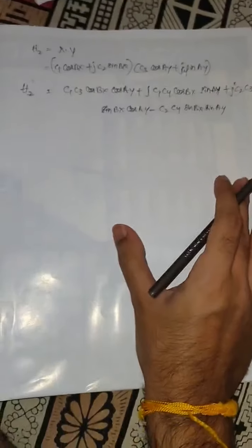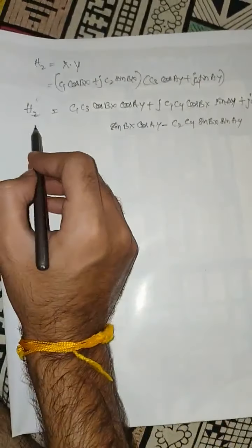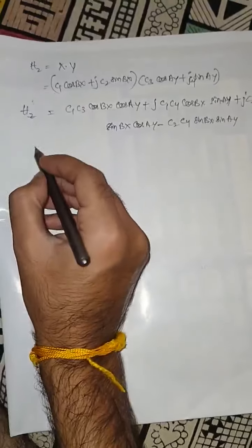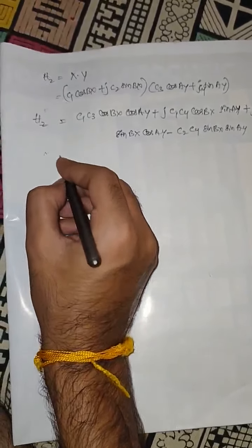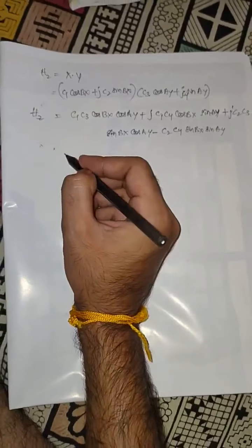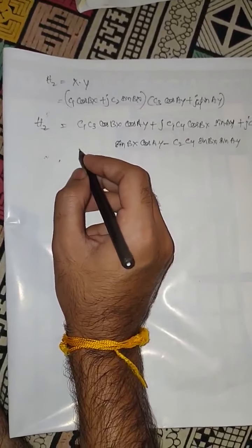Now by using this Hz equation, we will calculate Hx, Hy and Ex, Ey. Before going to that, we will see the boundary conditions. Boundary conditions are specified for only the E components.